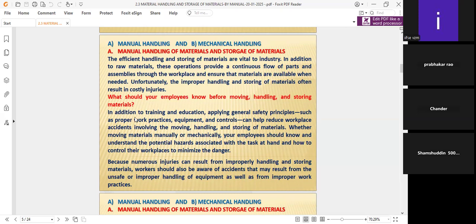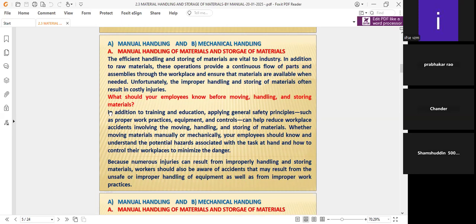In addition to training and education, applying general safety principles such as proper work practices, equipment, and controls can help reduce workplace accidents involving the moving, handling, and storing of materials. Whether moving materials manually or mechanically, your employees should know and understand the potential hazards associated with the task at hand, and how to control their workplace to minimize the danger.